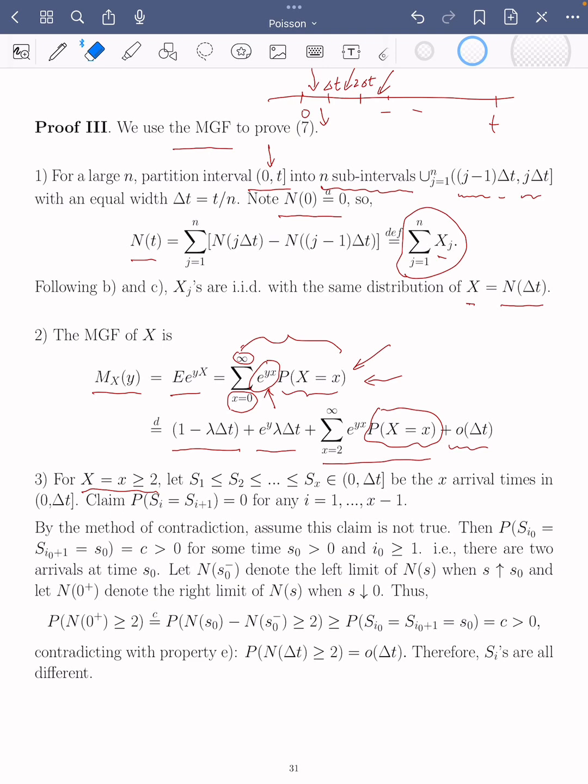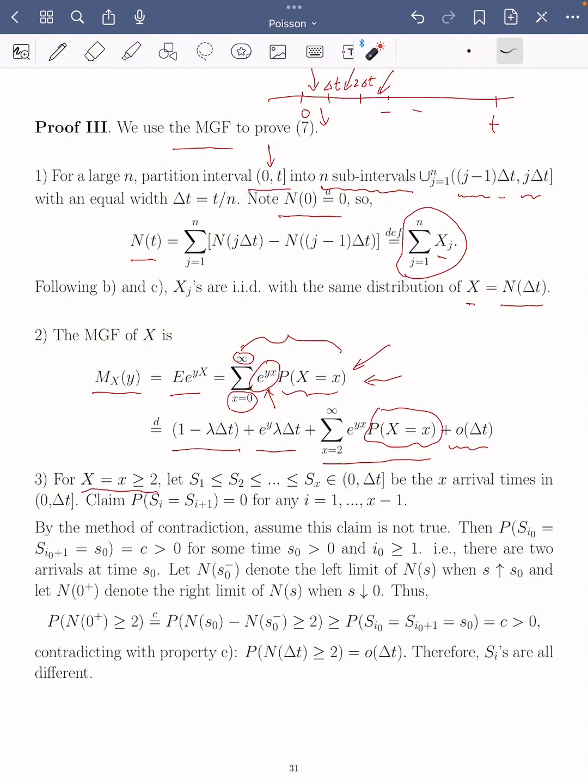Okay, so by the method of contradiction, assume that this claim is not true. Then S sub i naught equals S sub i naught plus 1 equals S naught, a constant C, which is larger than 0, for some integer value i naught.